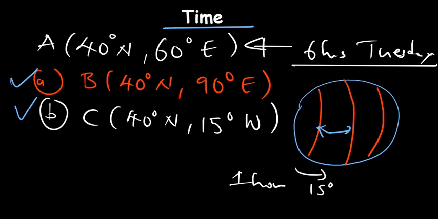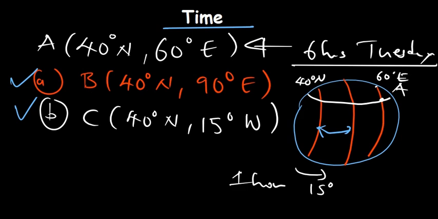Now A is 40 degrees north and 60 degrees east. So A is somewhere there. The latitude is 40 degrees north, and the longitude is 60 degrees east.